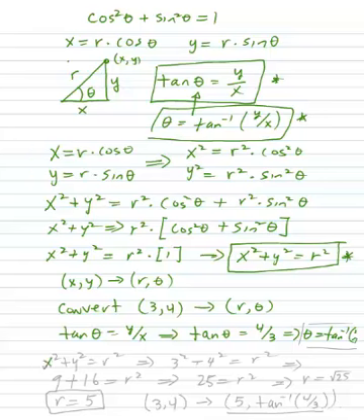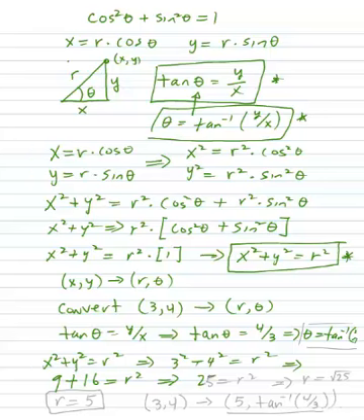And we have x squared plus y squared is equal to r squared. That gives us 3 squared plus 4 squared is equal to r squared. And simplifying, we have 9 plus 16 is equal to r squared.